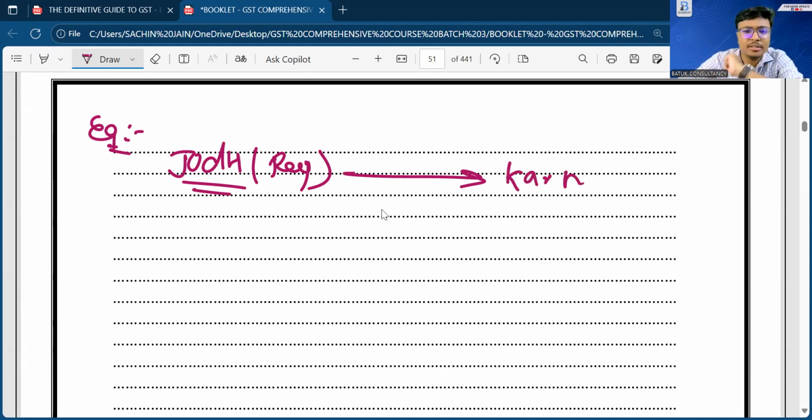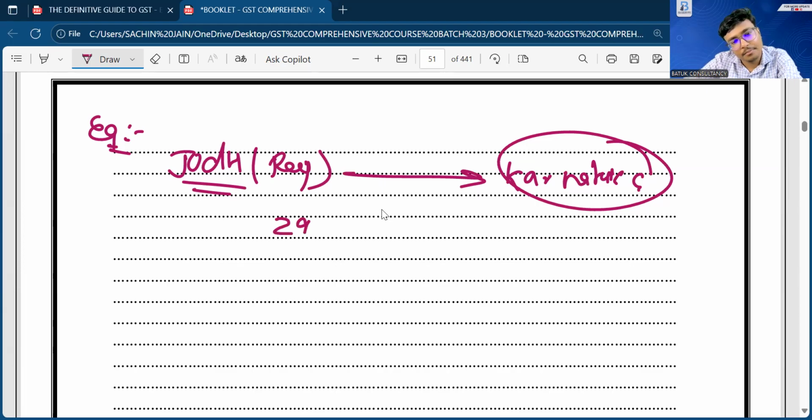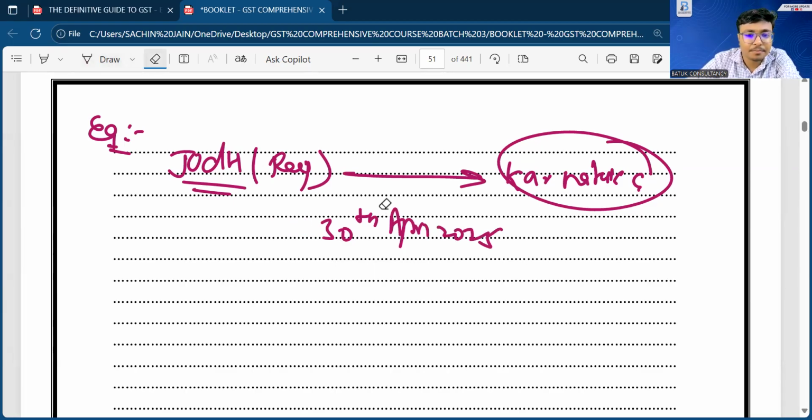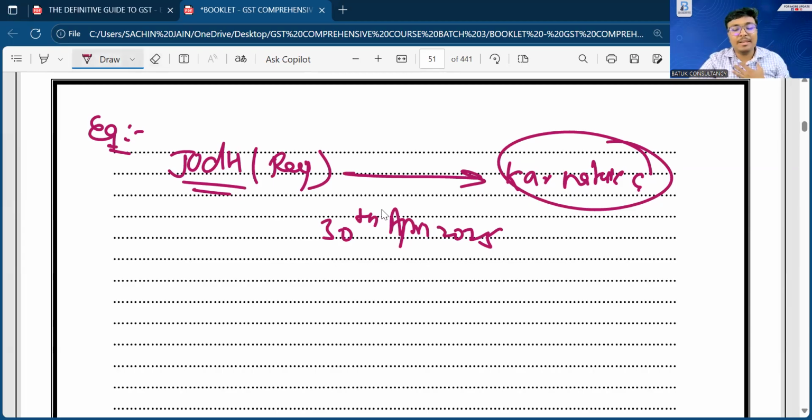And I bought certain goods from Karnataka. Suppose I bought the goods on 30th of April 2025. My supplier has already provided me the invoice. And the same is reflected in GSTR 2B as well, on the date of 30th April.